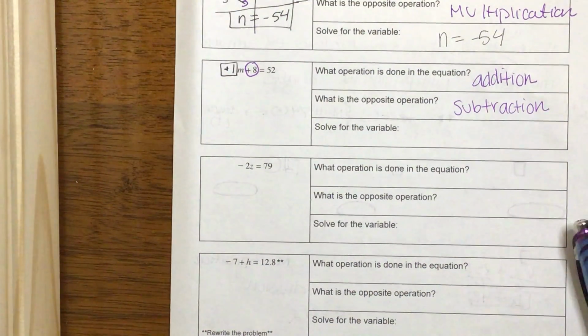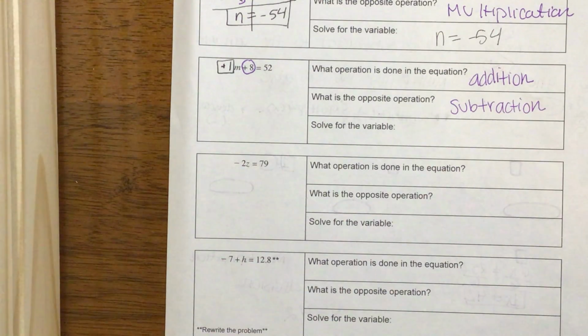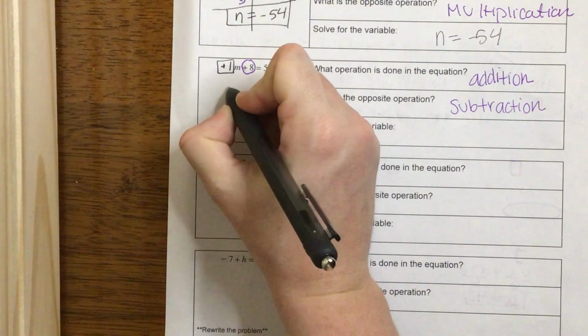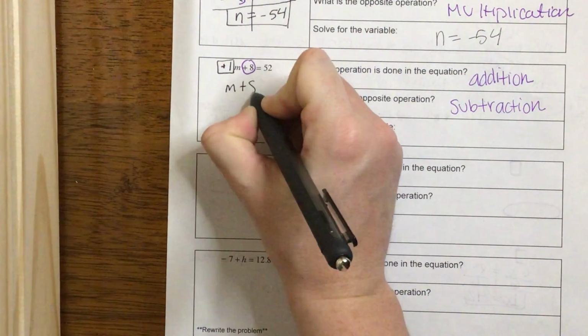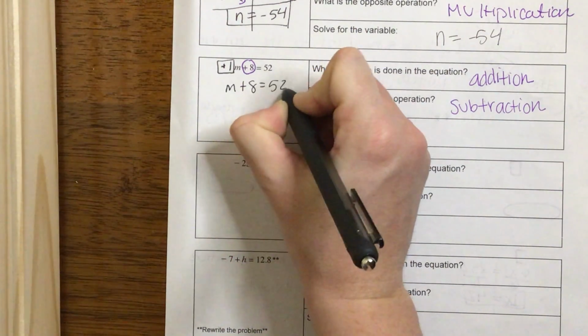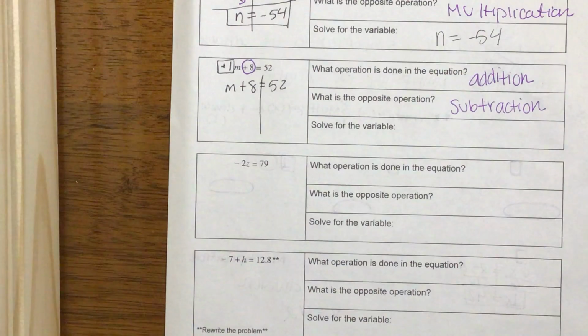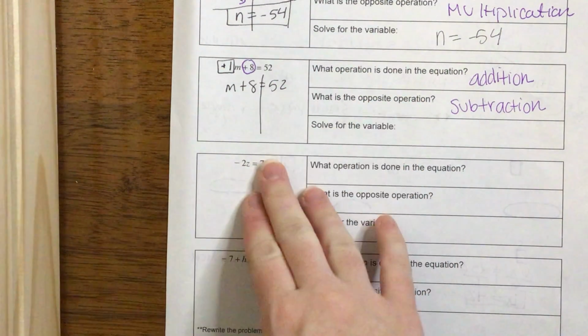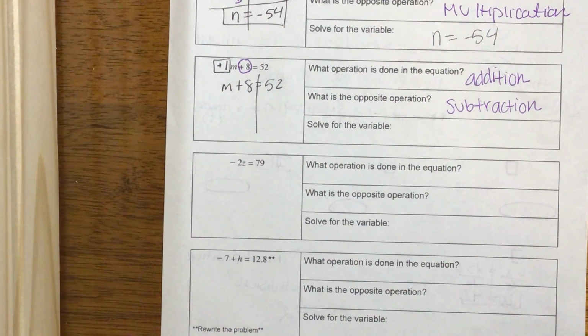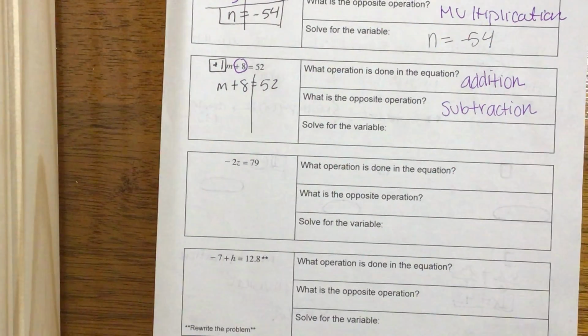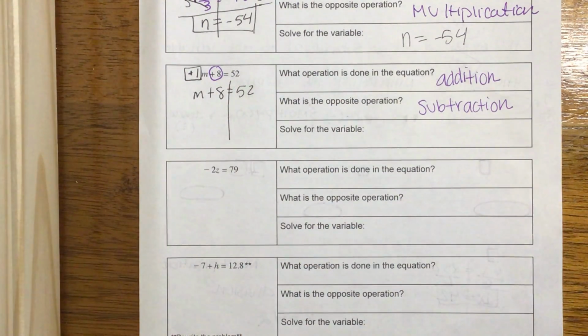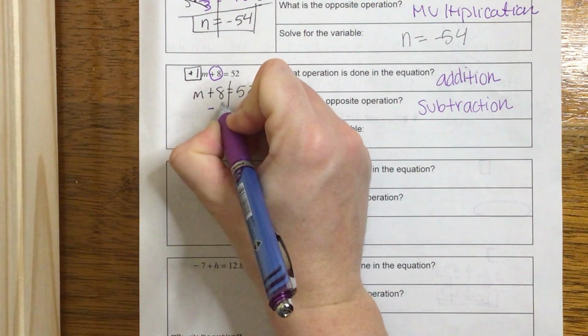I'm going to rewrite it because that got kind of messy. So literally all I did was I just rewrote it. I drew the line through my equal sign to keep it organized. The opposite of adding 8 is subtracting 8.